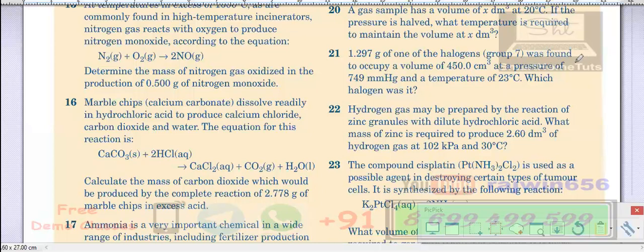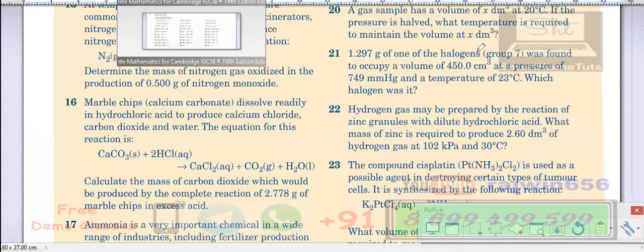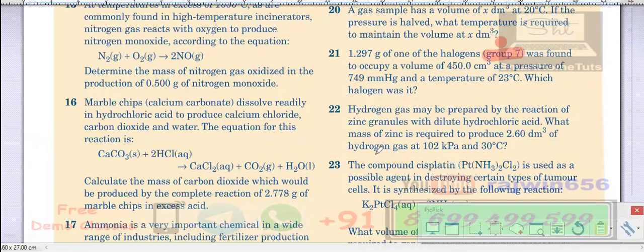The important part is they have given here that it is group 7. So you have to realize that it is diatomic. Because it's not a monoatomic gas, it is not something like helium that directly whatever mass you get, you look into the periodic table.